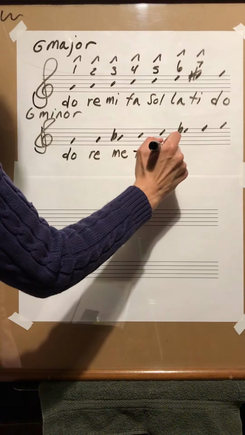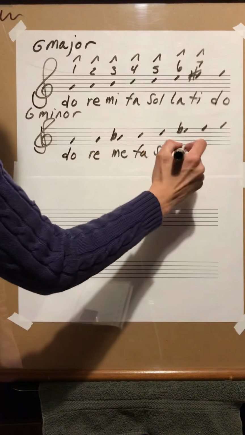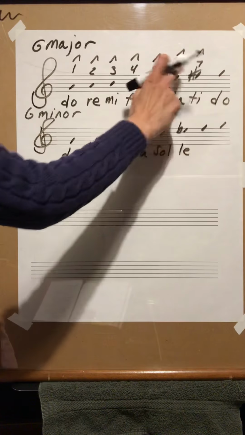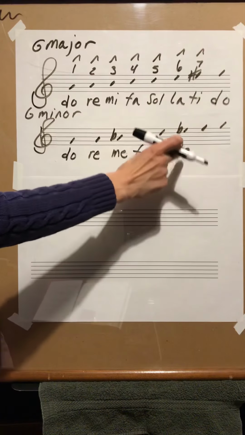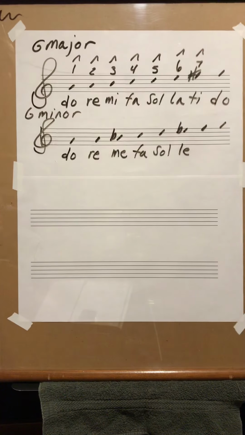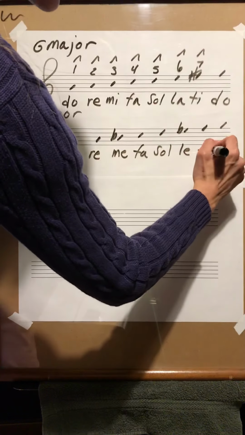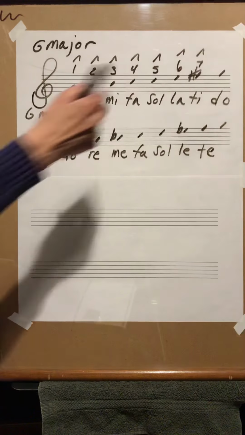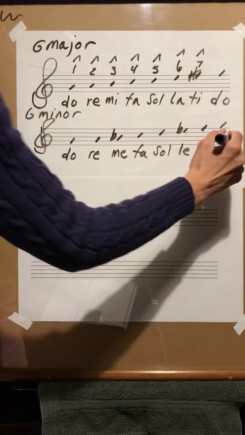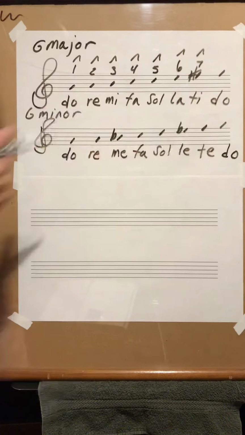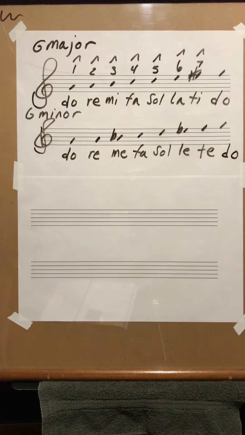Fa, sol, lay. We say lay instead of la because the scale degree 6 is lowered. And te. We say te instead of ti. Do, re, me, fa, sol, lay, te, do.